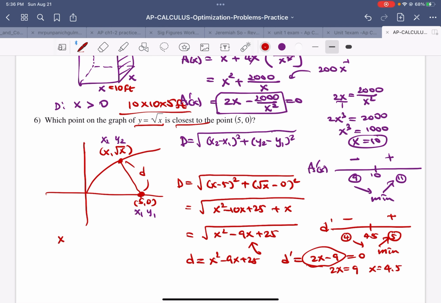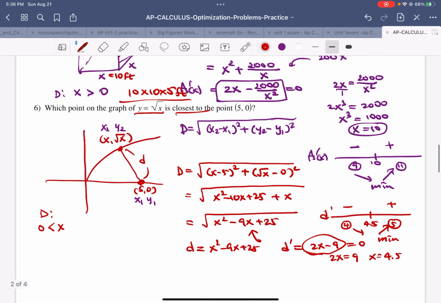Your x value should be positive, so your domain is just positive. Okay, now, what is the y coordinate at that time? So if you get 4.5, your coordinate is 4.5 comma square root of 4.5. Okay, you can leave it like that. You don't have to make it decimal. Okay, let's move on.